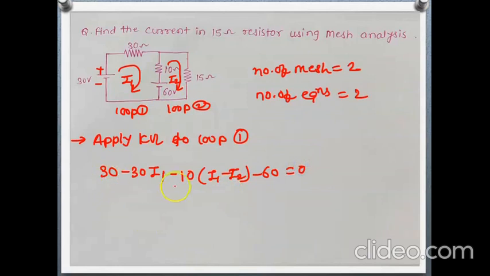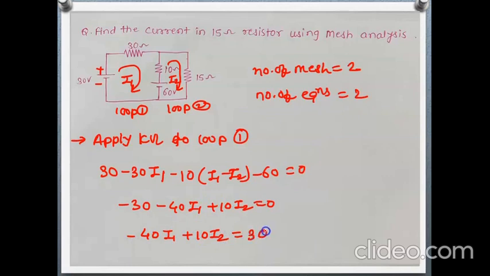Now combining the 30 I1 and 10 I1, we get minus 40 I1 plus 10 I2, and moving the constants, 40 I1 minus 10 I2 equals minus 30. This is equation number 1.